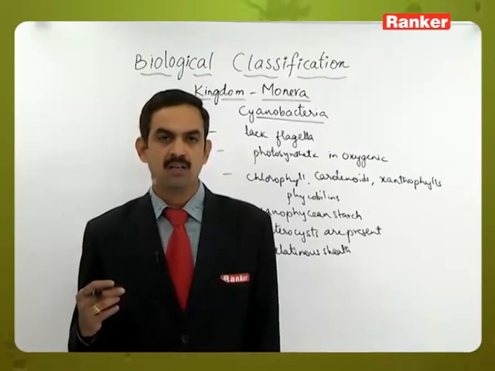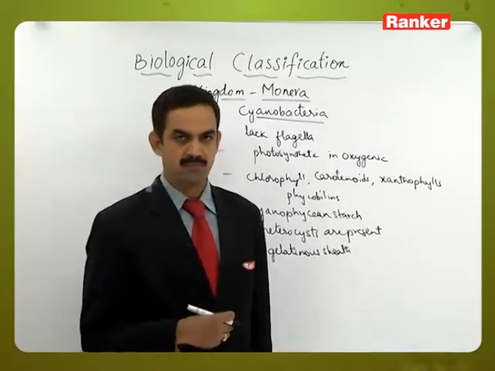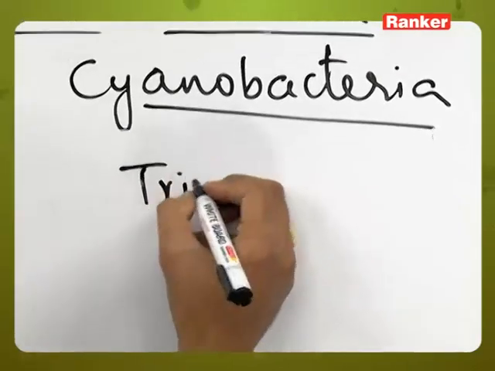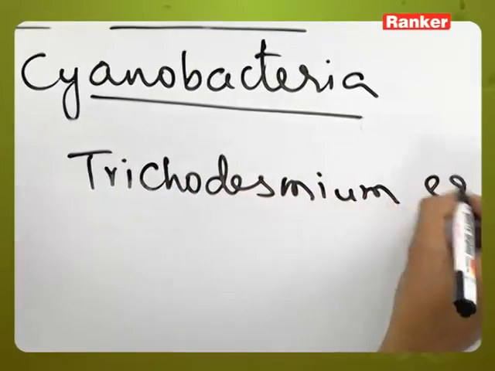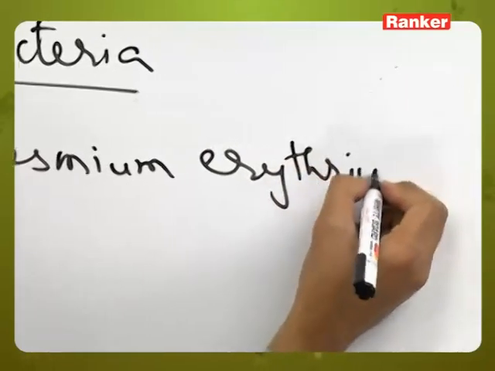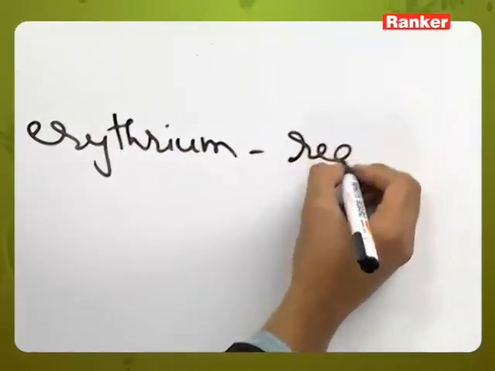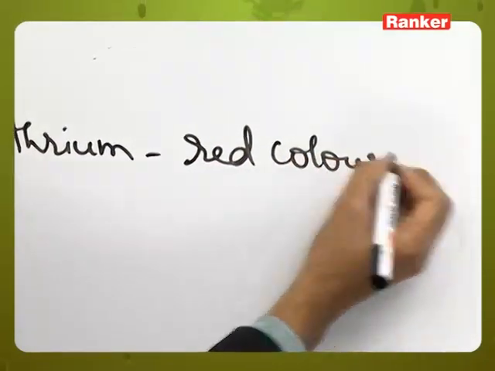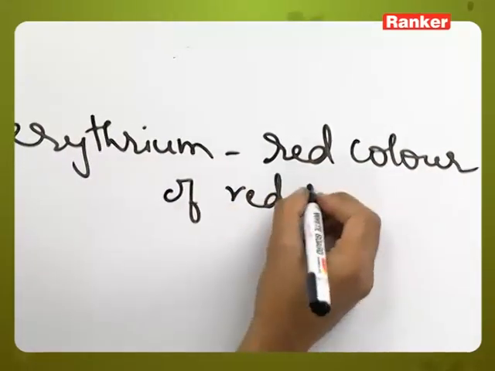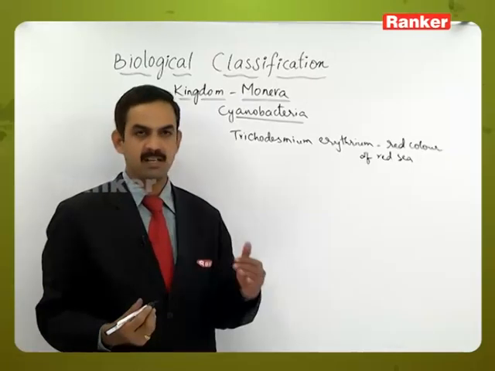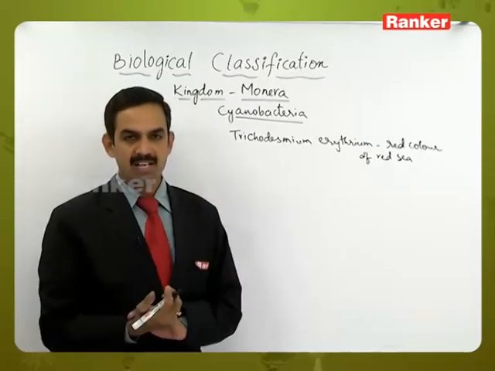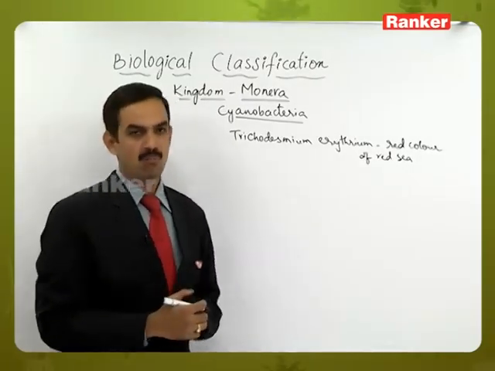There is a cyanobacterium called Trichodesmium erythraeum. This Trichodesmium erythraeum is responsible for the red color of the Red Sea. The red color of the Red Sea is because of a pigment which shows dominance when compared to the chlorophyll a molecule.